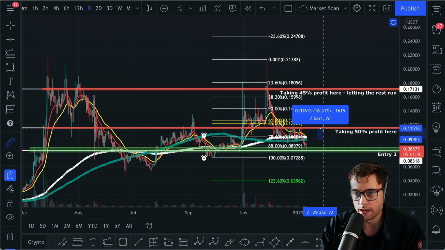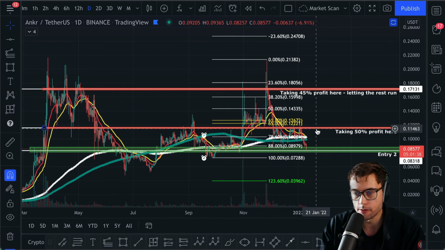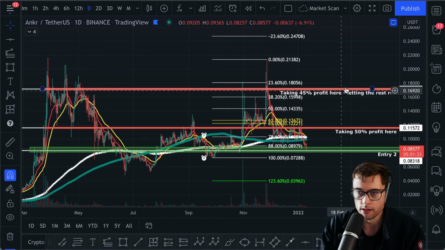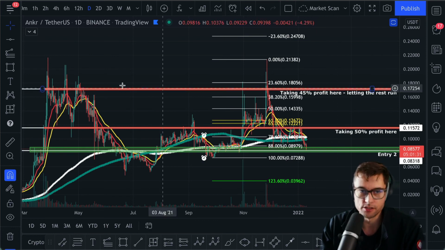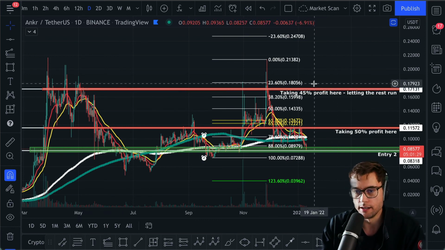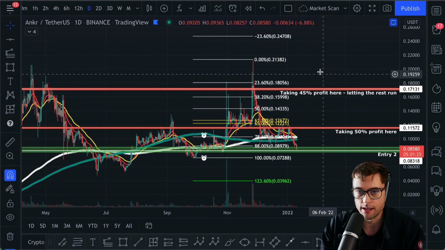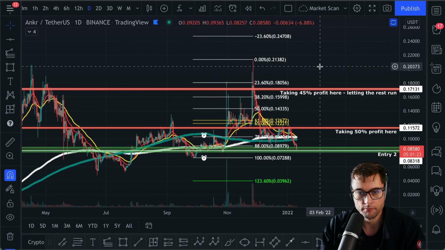So I will be making a profit if I sell right here, which will be great. And then I'll keep the rest to be up here, and I'll sell 45% of the rest up here at this huge resistance. And then I will keep 5% as a moon bag. So yeah, Anchor, super easy.